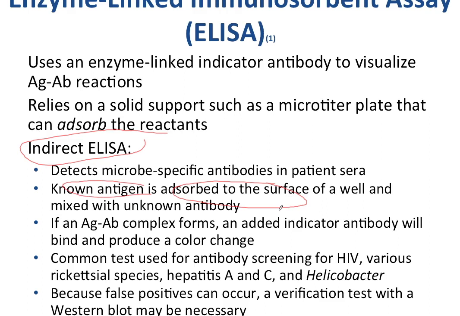If the patient's serum contains the antibodies to certain diseases, so these antibodies will be conjugated with the coated antigen. Okay, and then we can add secondary antibodies to give us signals.